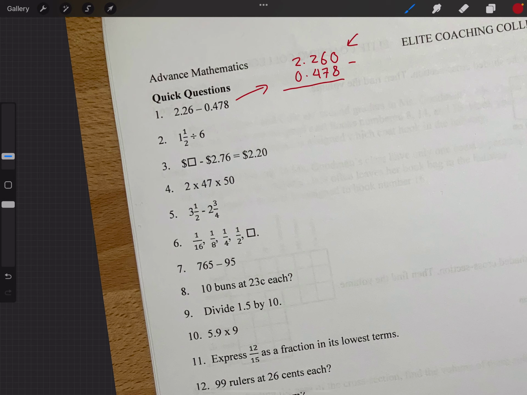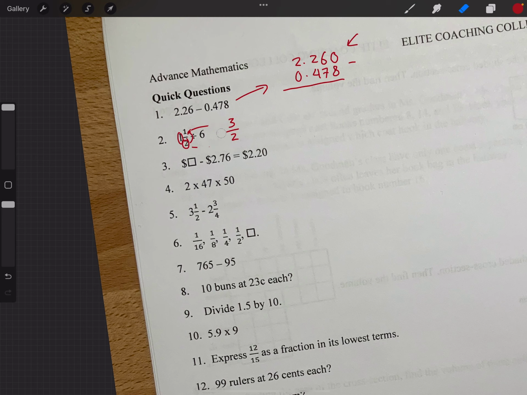The next one, you want to divide this one by this one. We can't divide it like this; you have to change the first one into an improper fraction. That will be 3 on 2, because 1 times 2 is 2, 2 plus 1 gives you 3, and the bottom number stays the same.